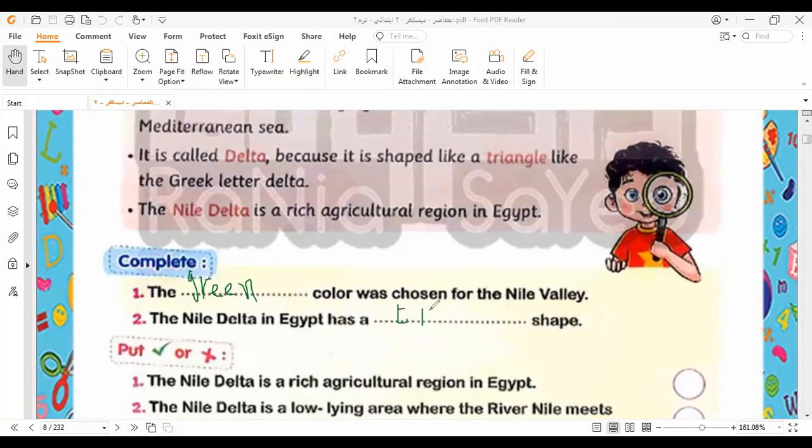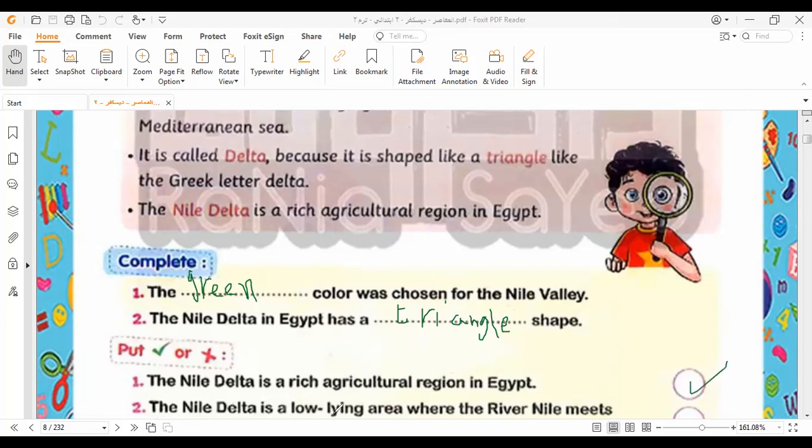Triangle shape. The Nile Delta is a rich agriculture region in Egypt, right?